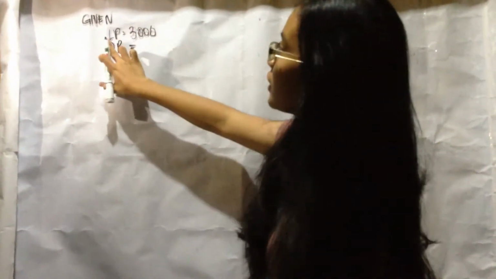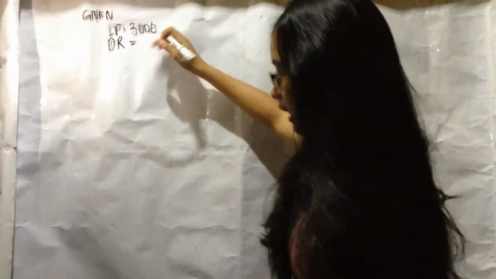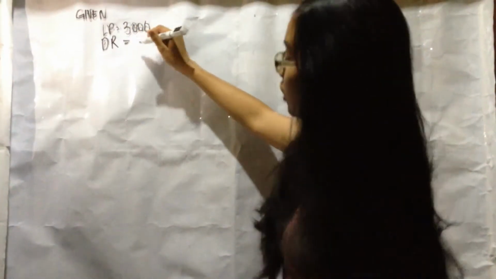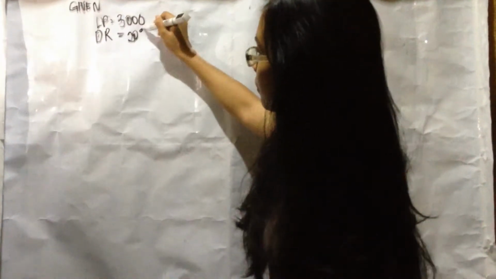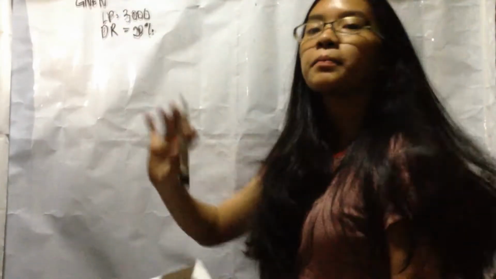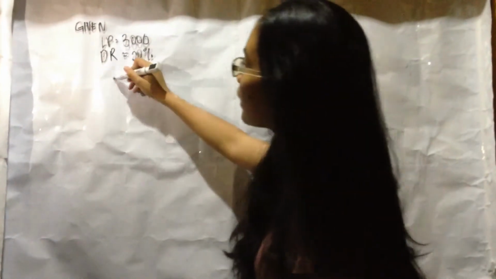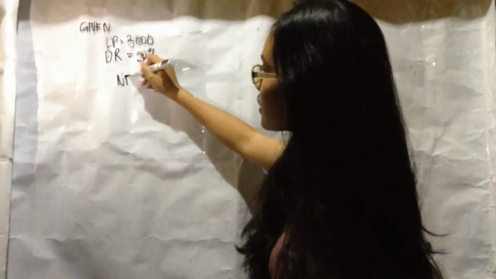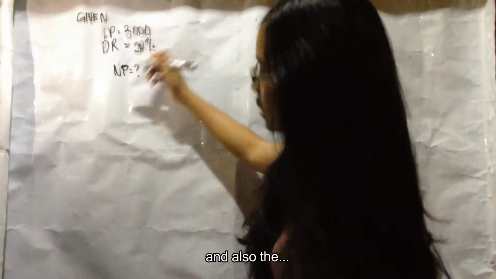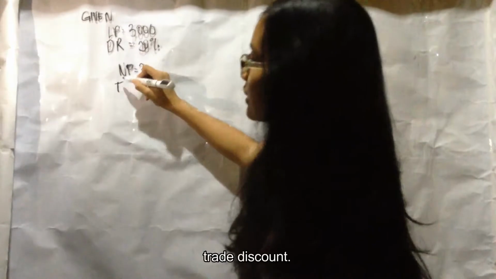So, here's the list price, 3,000, and discount rate of 20%. So, ang kailangan nating hanapin ay ang net price at saka trade discount.